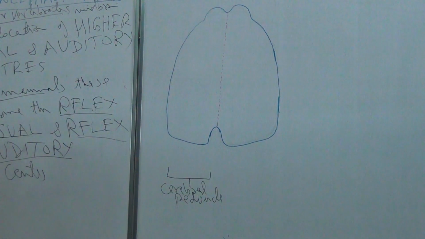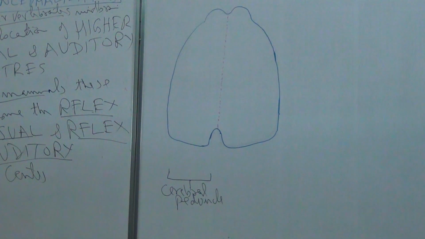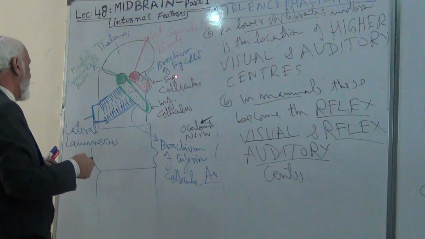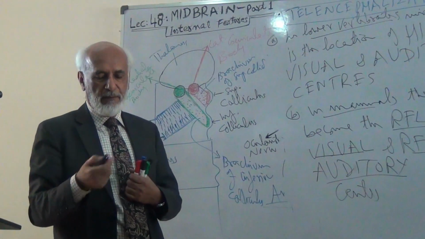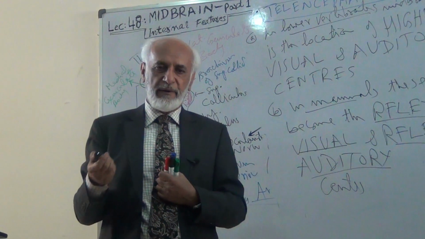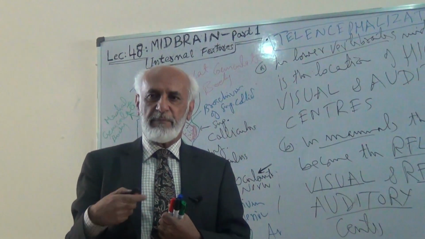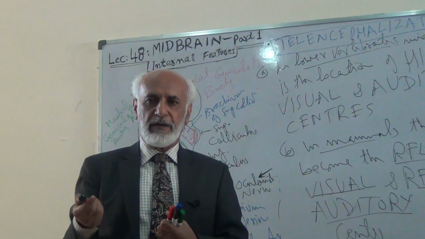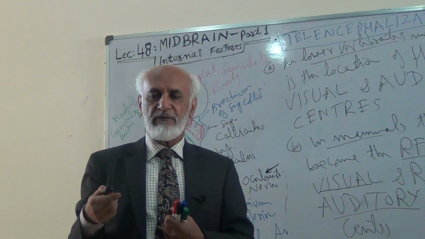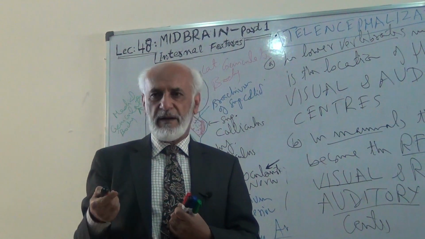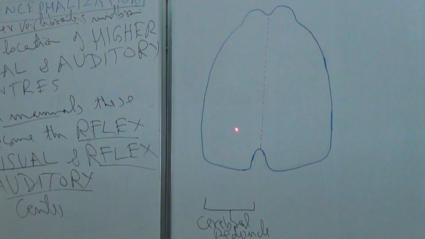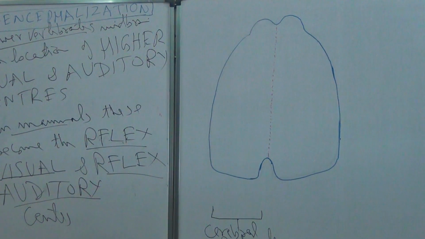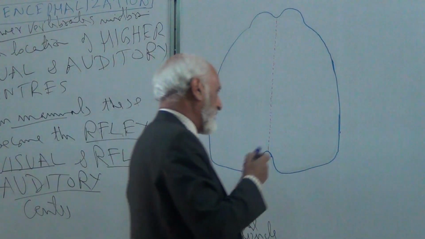Now do not confuse them with cerebellar peduncles. Just before, I told you the cerebellum is connected to the midbrain by a pair of superior cerebellar peduncles, to the pons by a pair of middle cerebellar peduncles, and to the medulla oblongata by a pair of inferior cerebellar peduncles. These are cerebral peduncles because above the right half of the midbrain is the right cerebral hemisphere.